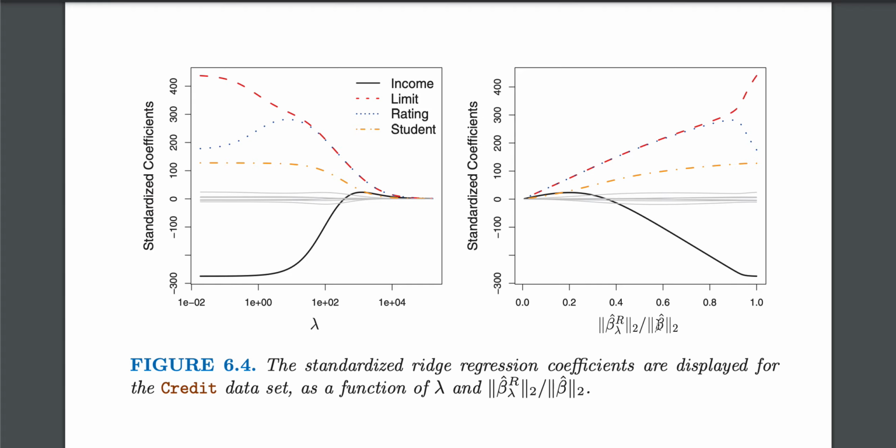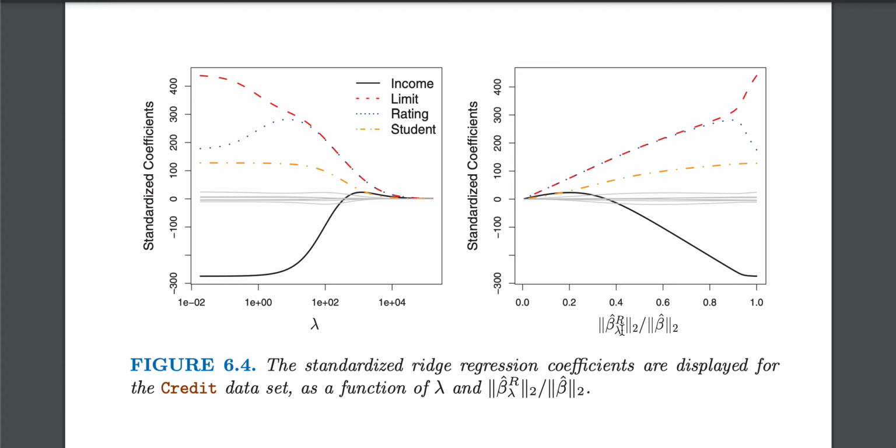And when are the L2 norms the same? Well, when the ridge regression estimate is least squares. So for lambda equals 0, the ridge regression coefficient estimate is the same as the least square estimate.